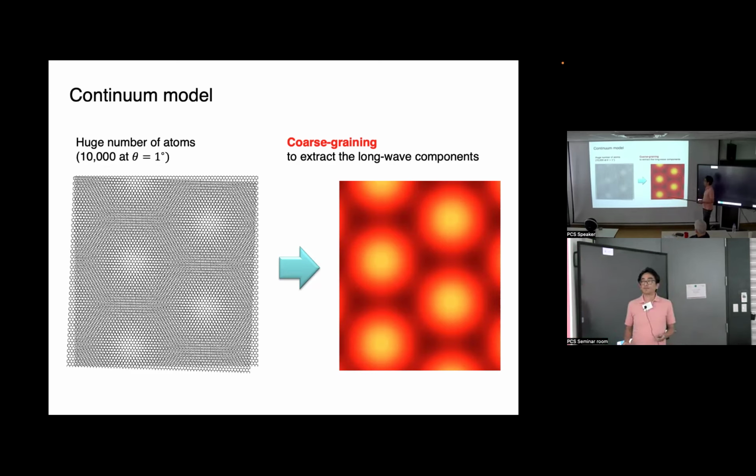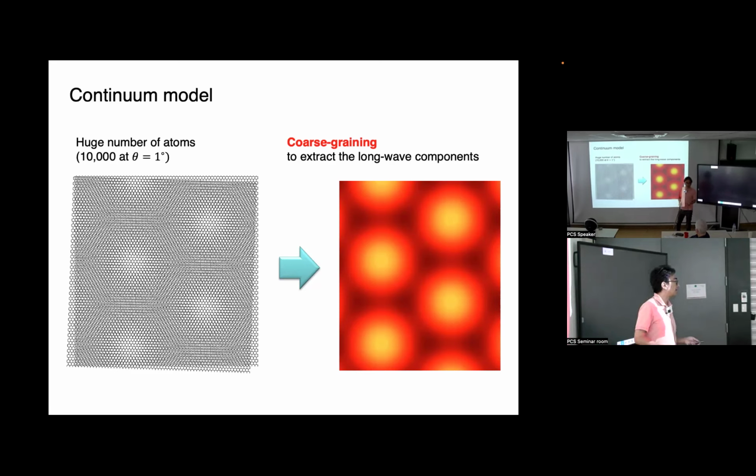Question: is there always a periodic pattern for any angle? No, actually. This looks periodic, but the atomic structure here and here are not identical, because the Moiré lattice and the atomic lattice are generally incommensurate.